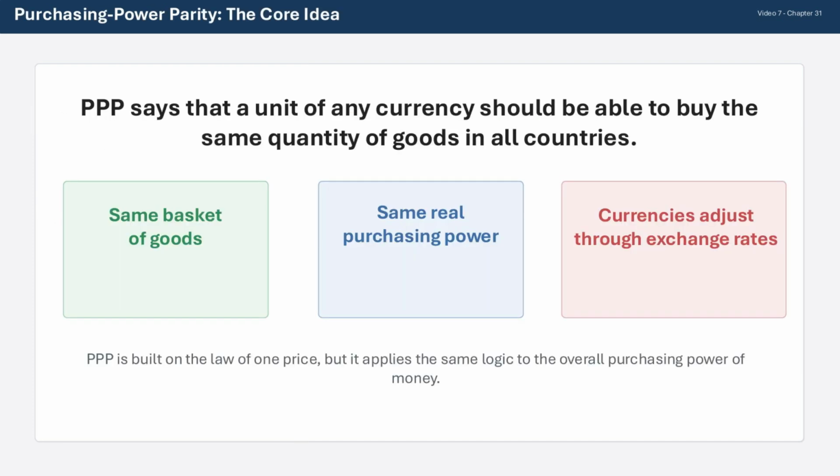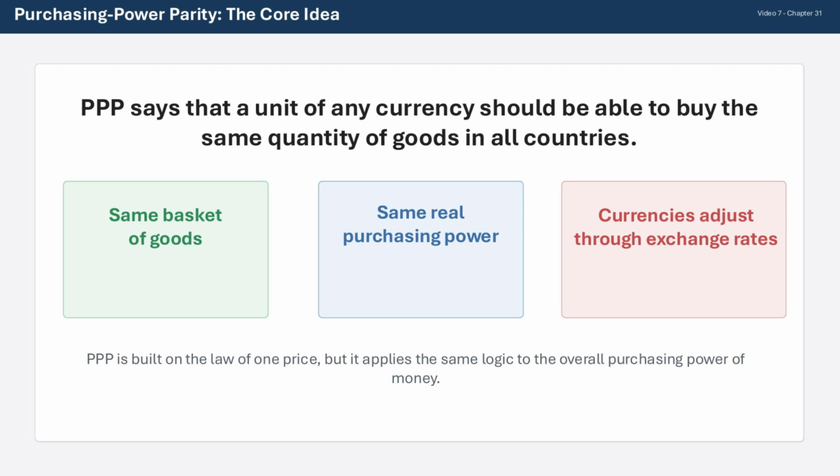Now let's take that one step further. Purchasing power parity says that a unit of currency should have the same purchasing power in all countries. In other words, once we take exchange rates into account, the same amount of money should be able to buy the same quantity of goods in different countries. That is the basic theory.